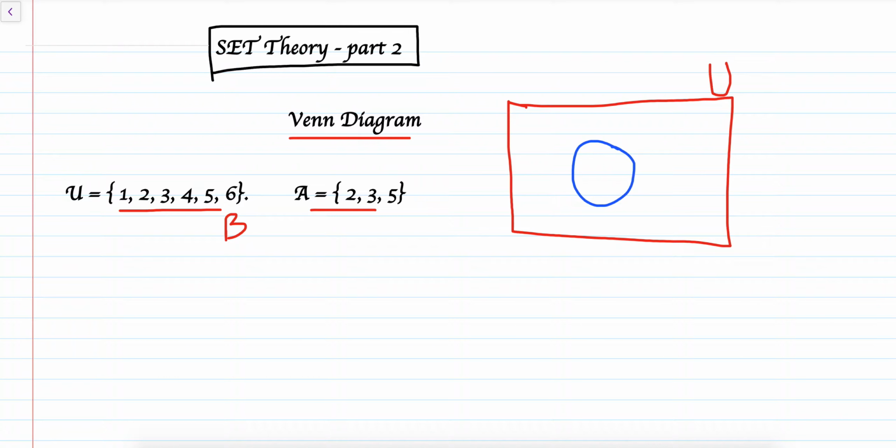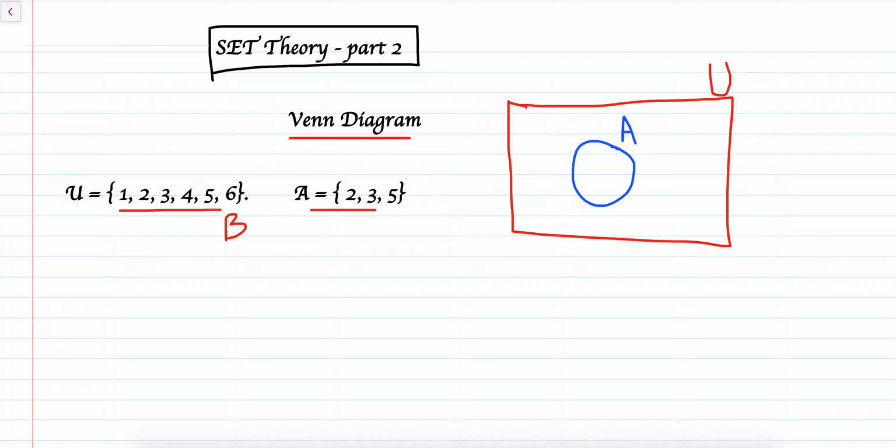So the outer rectangle denotes the universal set, and this inner circle represents set A. For now we have just represented what is the universal set and what is set A.